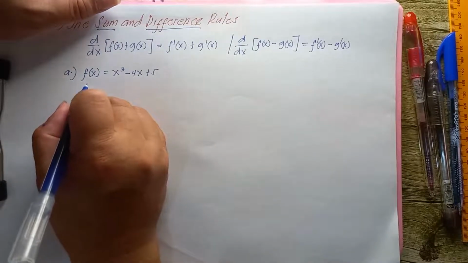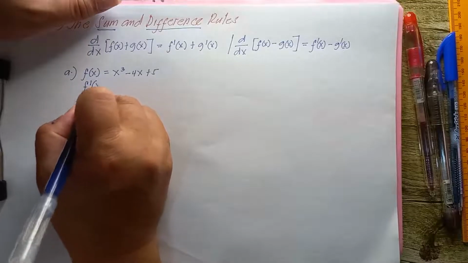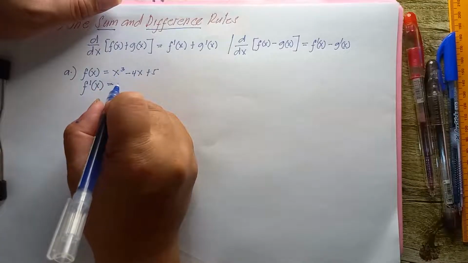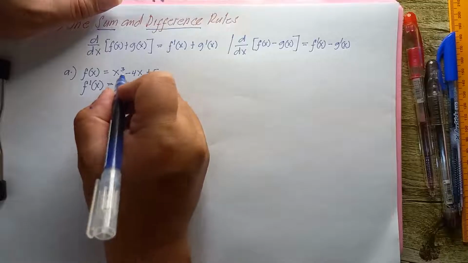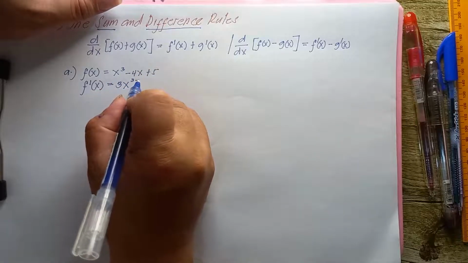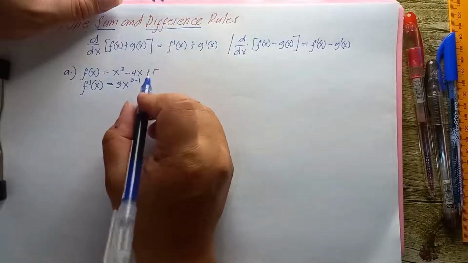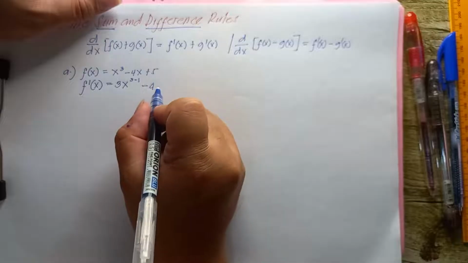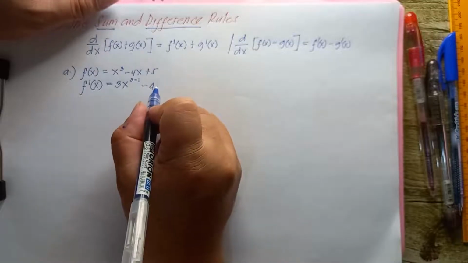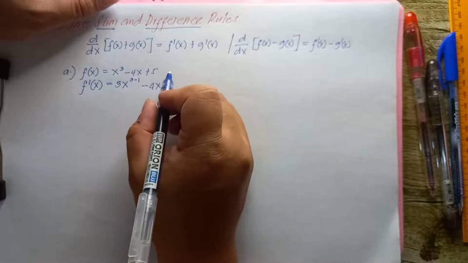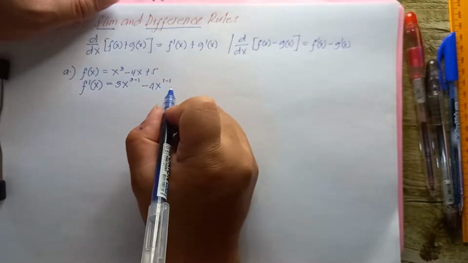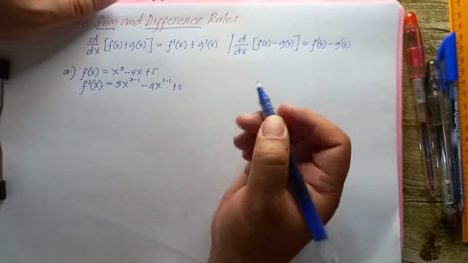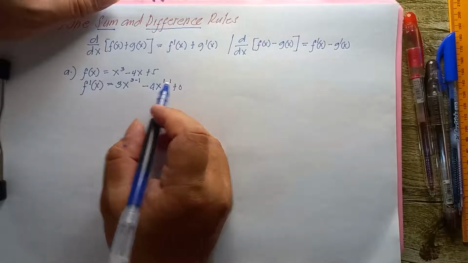So we have f prime of x is the same as, what are we going to do with this one? Bring it down as multiplier, 3x raised to 3 minus 1. And what about here? That is actually minus 4, of course x raised to 1 minus 1, and of course this is plus 0, because the derivative of the constant is 0.